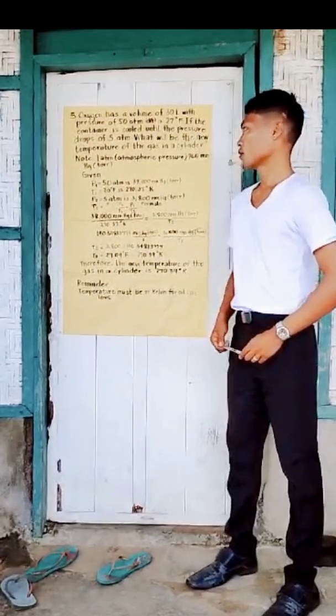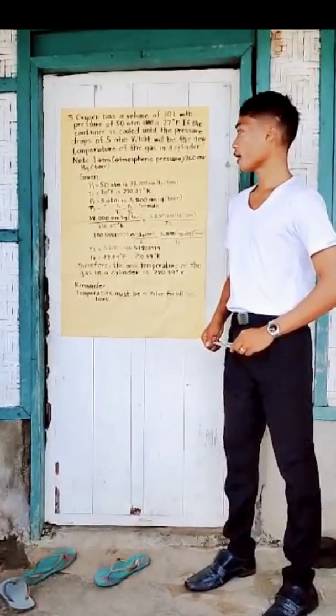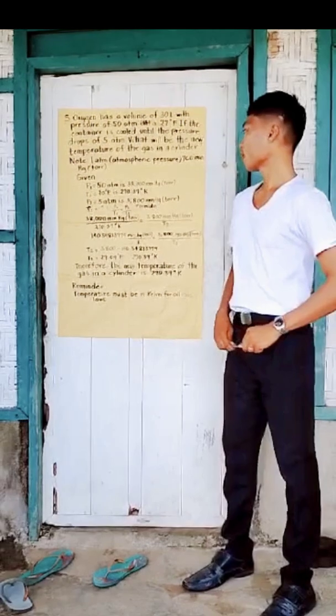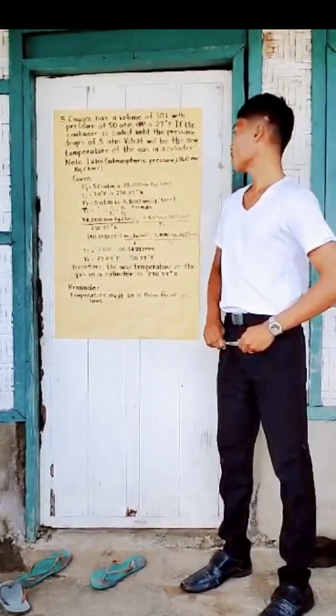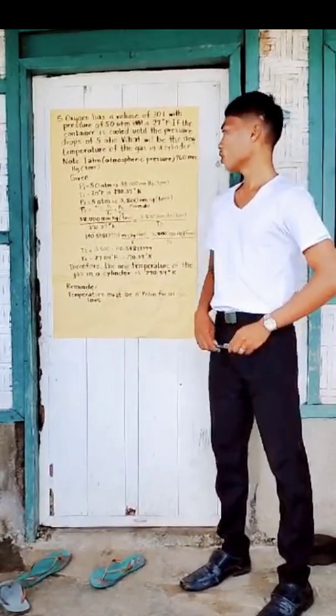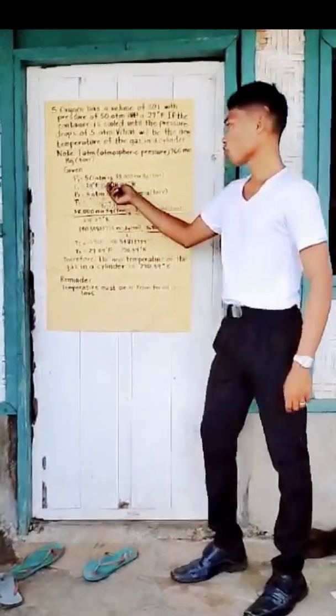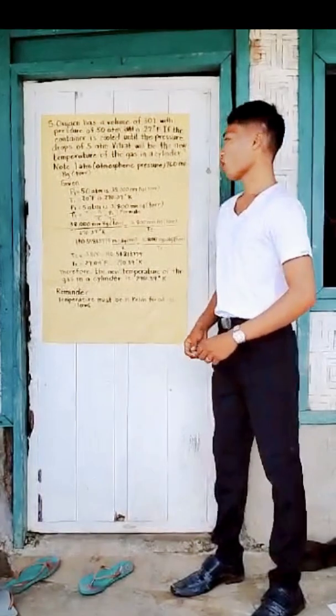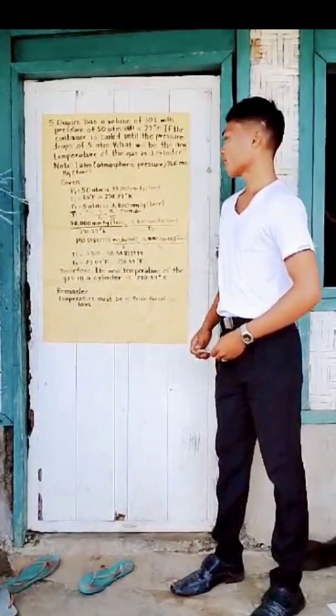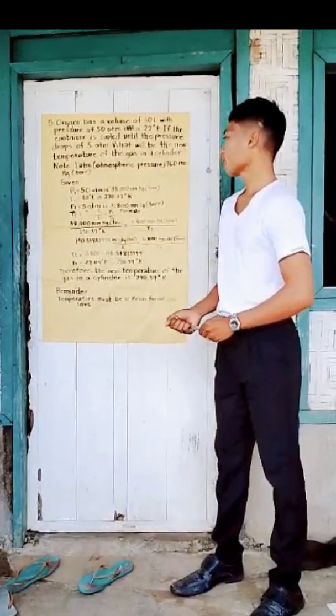Note: 1 atm, atmospheric pressure, is 760 mmHg torr. So the given are pressure P1 equals 50 atm, which is 38,000 mmHg torr.